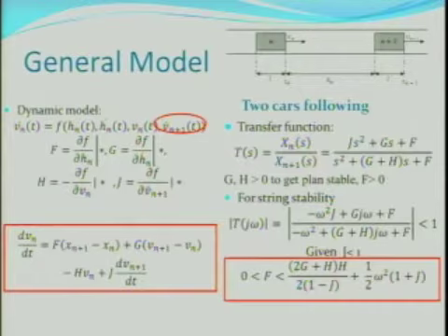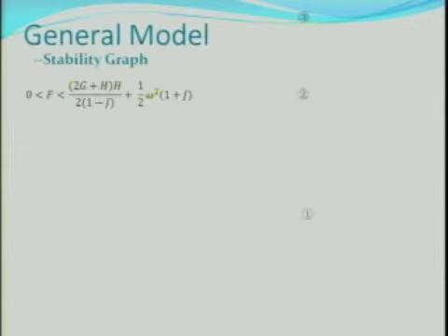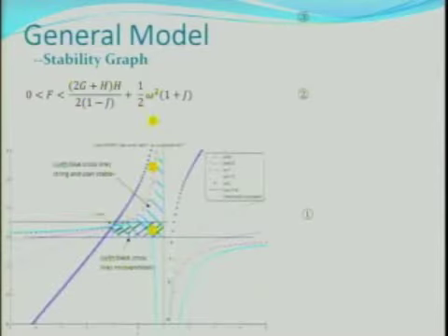It is clearly shown in this inequality that there are 5 parameters that can influence the stability, which are g, h, j, f, and omega. As g and h increase, the range of the stable region for f increases. The same conclusion applies to omega, but the influence of j on the region of f is kind of complex, so we plot a stability graph for f as a function of j given fixed g and h.